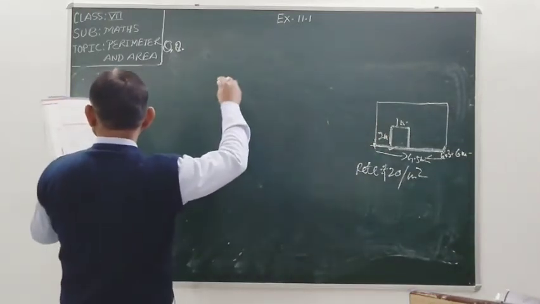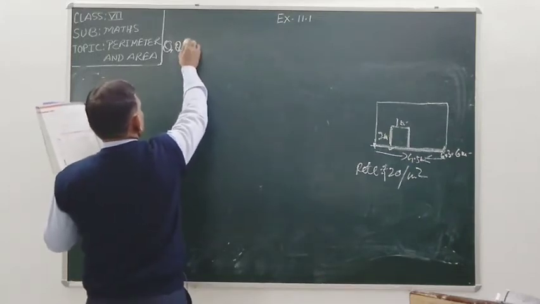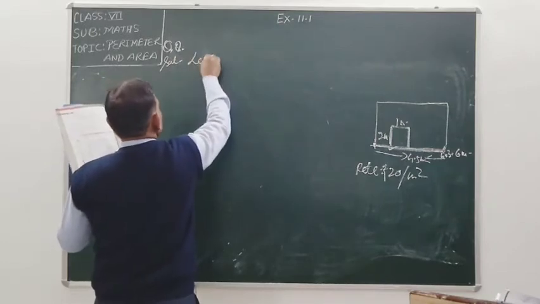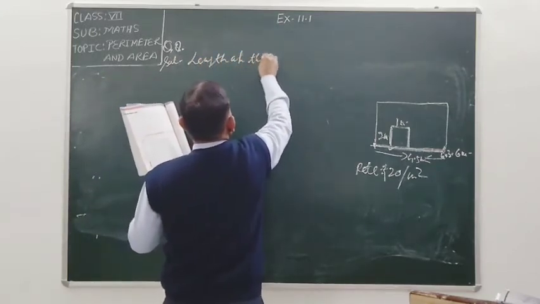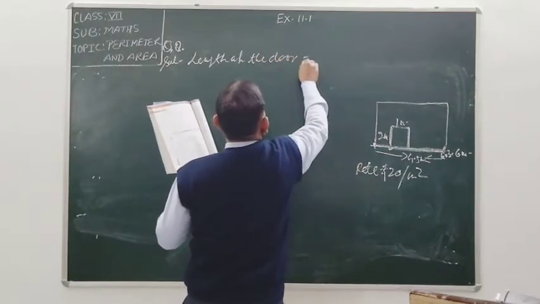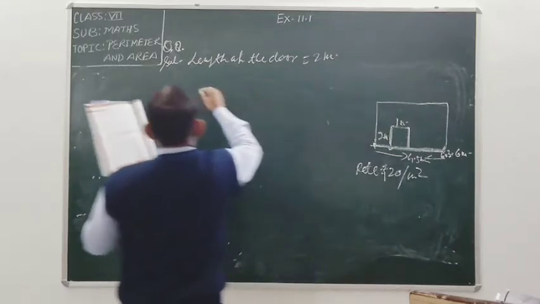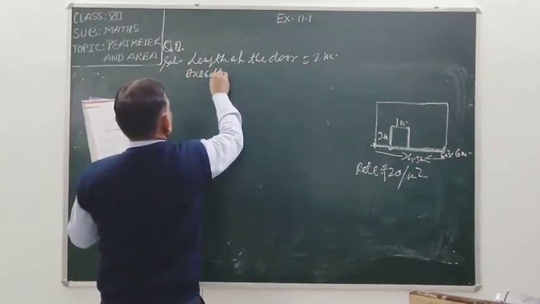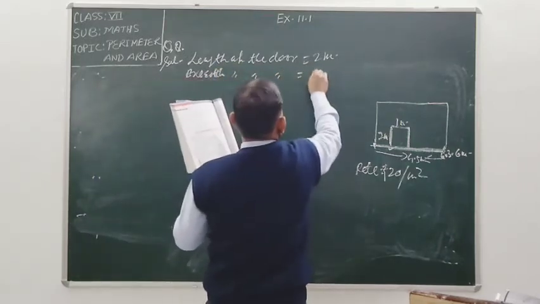Solution I am going to do. Length of the door is equal to 2 meter. Breadth of the door is equal to 1 meter.